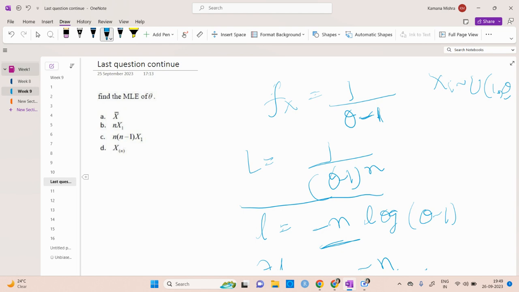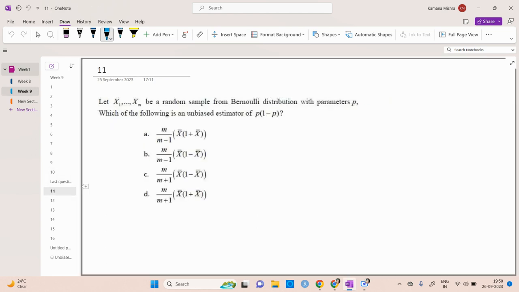Then we have the maximum likelihood estimator, so this x(n) will be the maximum likelihood estimator. If you want to maximize it and theta is in the denominator, you need to take the maximum value. If theta is in the numerator with a positive sign, then you need to take the minimum value. This is how we solve this kind of question.